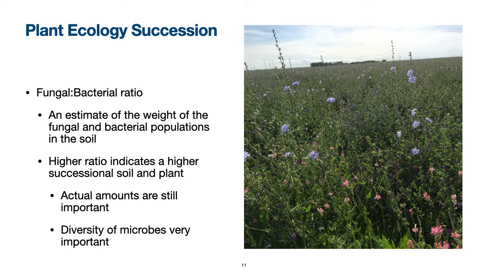The actual amounts in those ratios are still important because we need to know, are we dealing with 1 pound and 1 pound of fungal and bacterial, or are we dealing with 100 pounds and 100 pounds? So the ratio is good. To know the actual number is even better. And we also need to ensure that we have diversity of those microbes in our soils. Having that diversity is just going to extend the soil health for us.